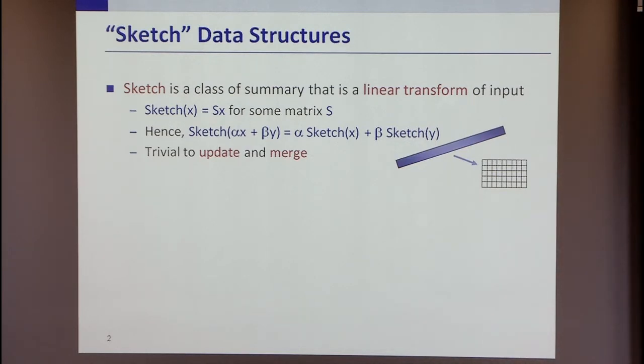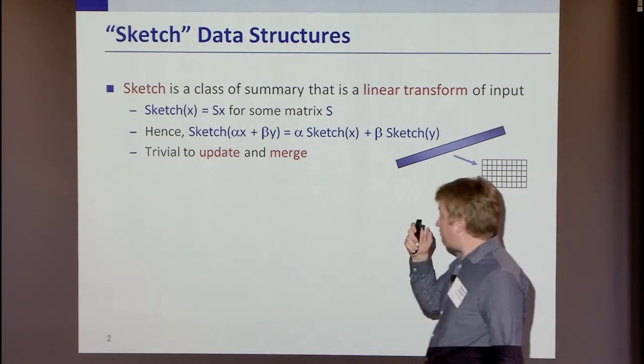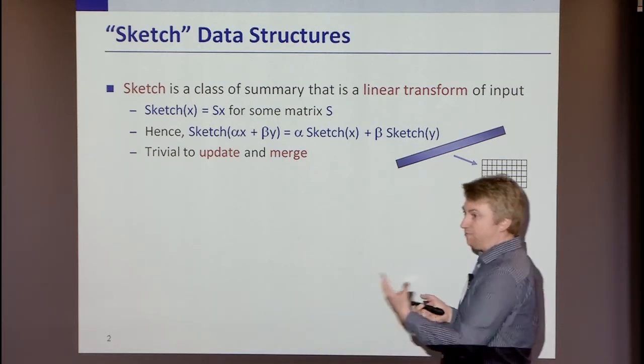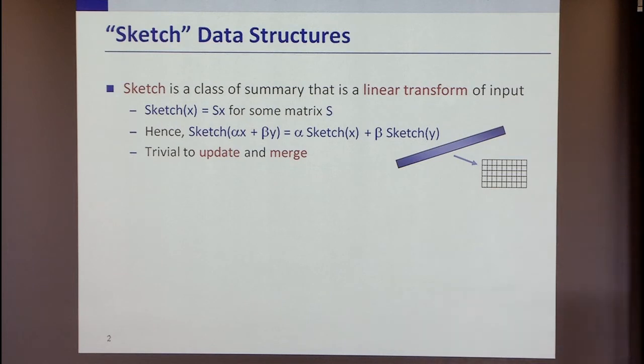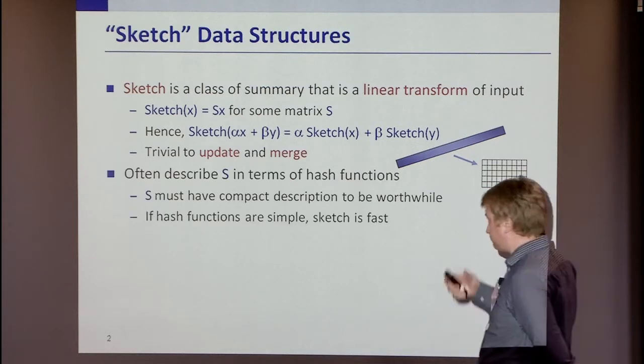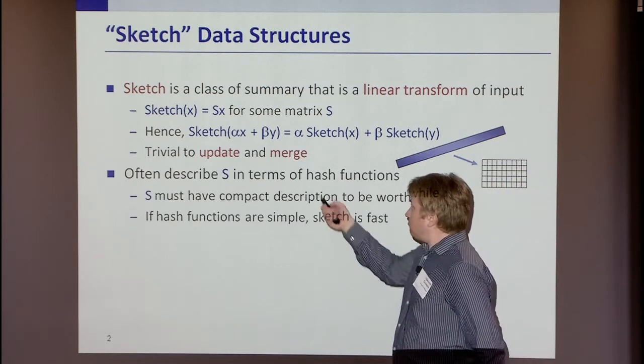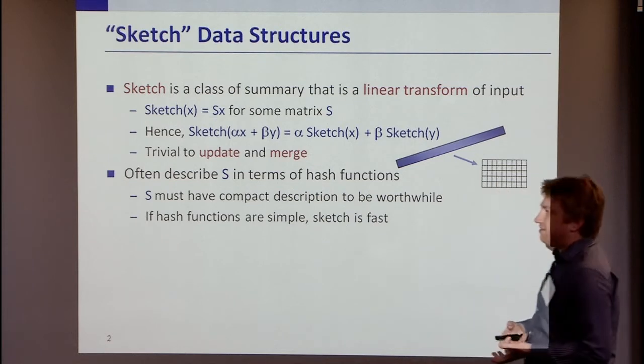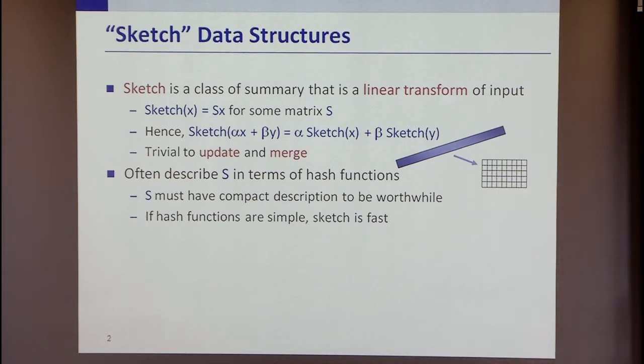And it's also interesting because sketches exist. We know lots of constructions of particular matrices S that capture various properties of vectors that are suitably foundational that they're useful to us. Sometimes we'll think about sketches in terms of this linear transformation terminology.